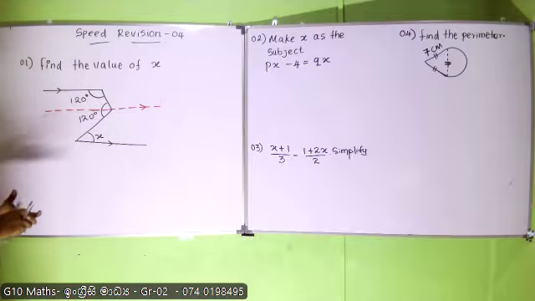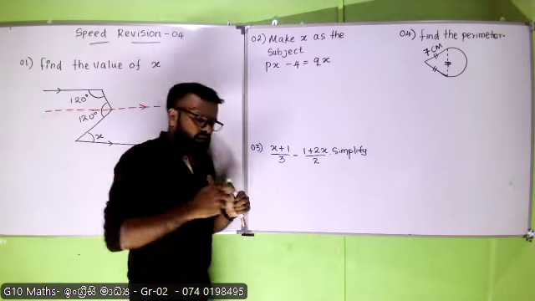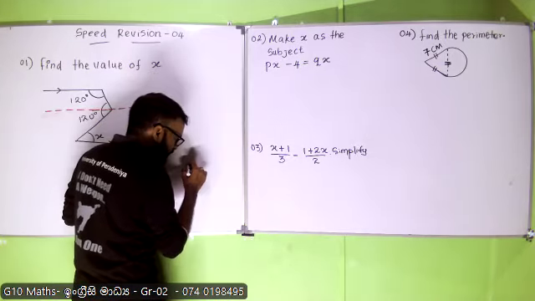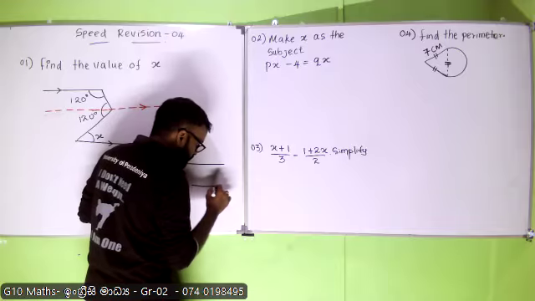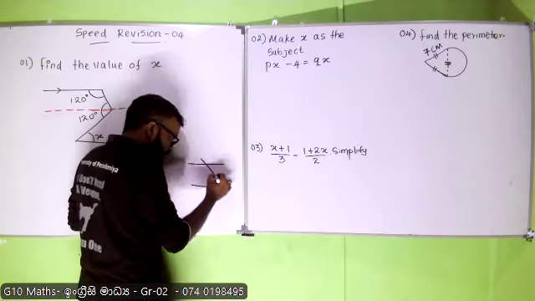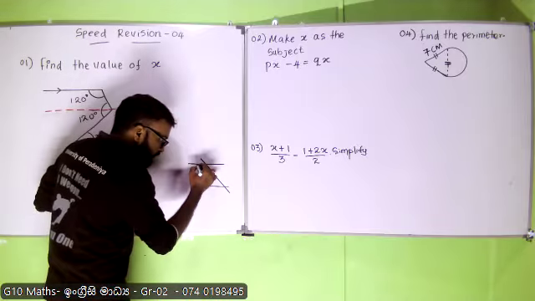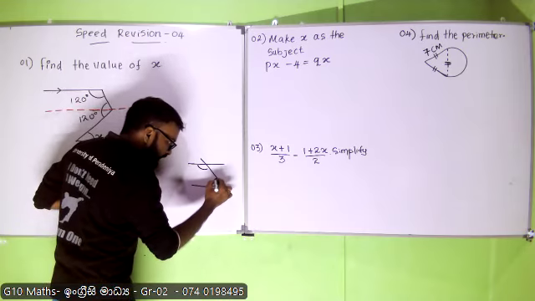Now, in between 2 parallel lines, if you draw a transversal like this, what can you say about this angle and this angle?